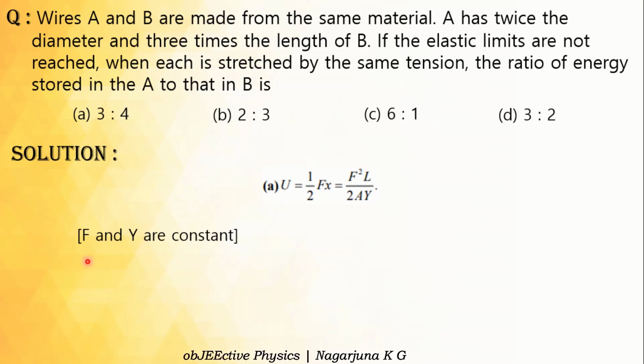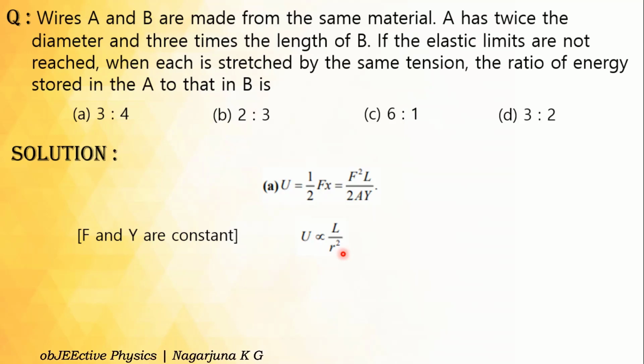As per the question, here F and Y are constants. Therefore, U is directly proportional to L divided by A, where A is equal to pi r squared, so that U is directly proportional to L divided by r squared.